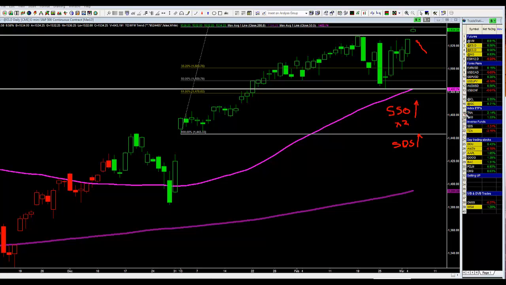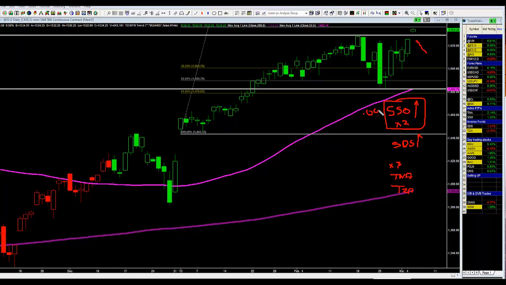Now the triple fund will be the TNA and the TZA. So for every one E-Mini S&P point move up or down, the SSO moves roughly 8 cents.